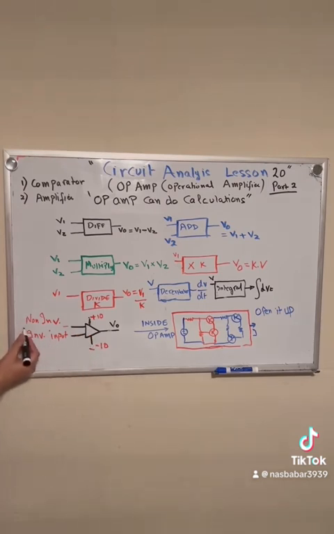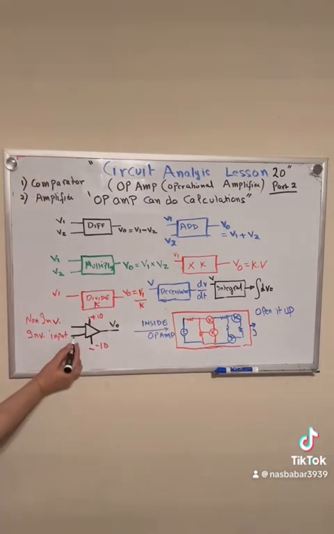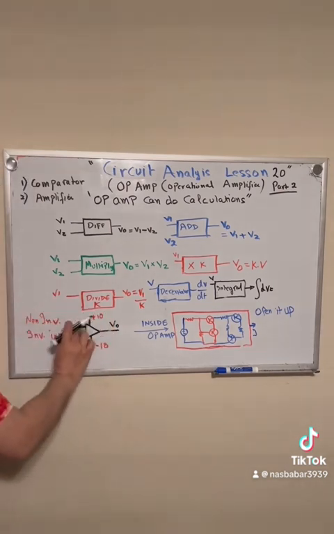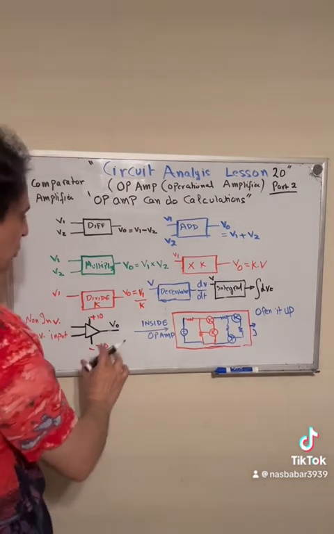And then for input, on the top one, you send a non-inverted signal, okay? And on the bottom one, you're sending the inverted input. So whatever input you have, it's non-inverted going in on one terminal, and on the second terminal, you have the inverted input going in.